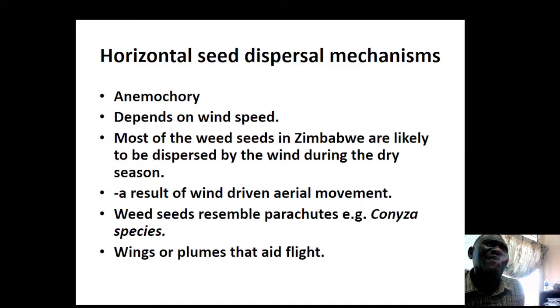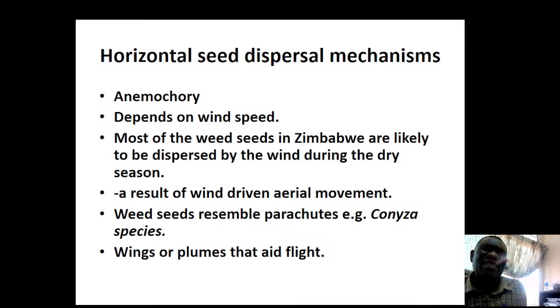Or if you want, you can use anemochory. Most of the weed seeds in Zimbabwe are likely to be dispersed by this method, by wind during the dry season. For example, like this current period, we could have weed seeds which are being moved around by the wind from place to place.